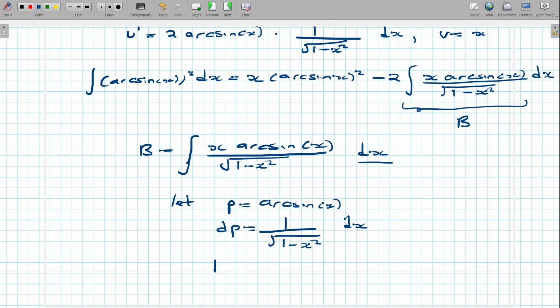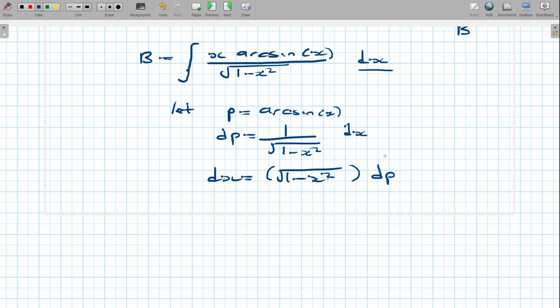So here we see that dx is basically going to be equal to root of 1 minus x squared, let's put this in parentheses, multiplied by dp, like so, right?